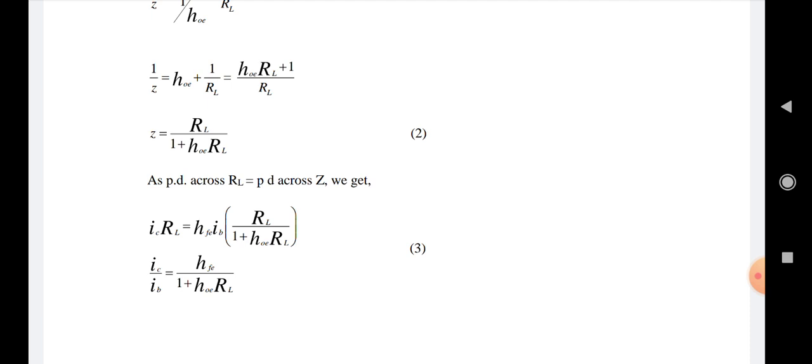From this, calculating this equation, IC upon IB is equal to, RL cancels, HFE upon 1 plus HOE RL. This is equation number 3.